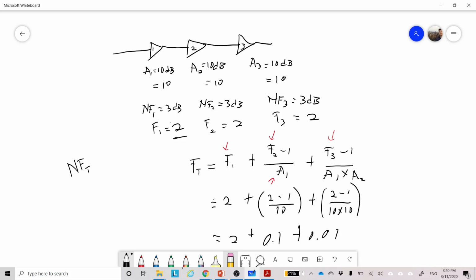Okay, dalam cascaded system, in a cascaded system, how can we reduce the total noise factor? Okay, so the answer gonna be, we have to choose an amplifier which produce the least noise factor at the beginning, at the first stage. Okay, nanti ni ada contoh dia.